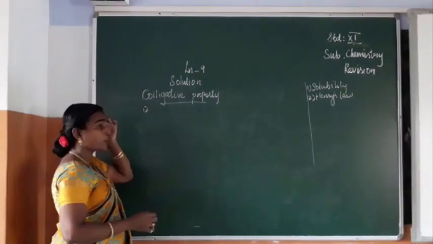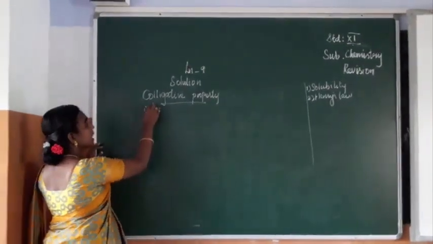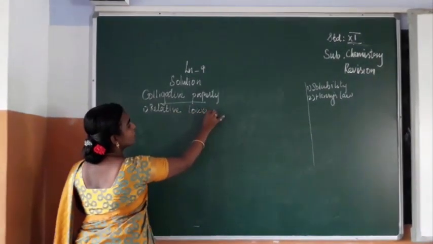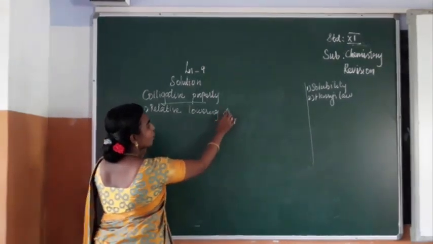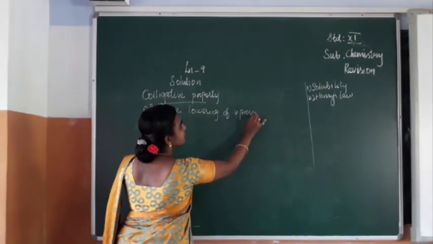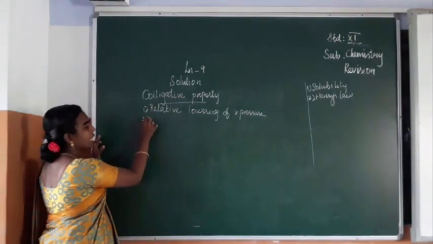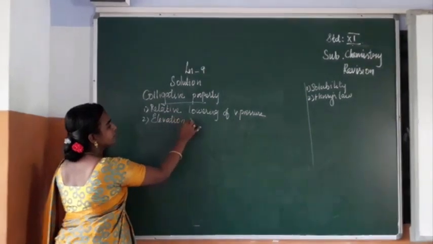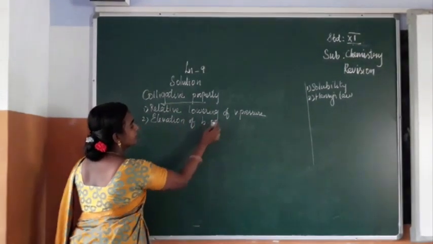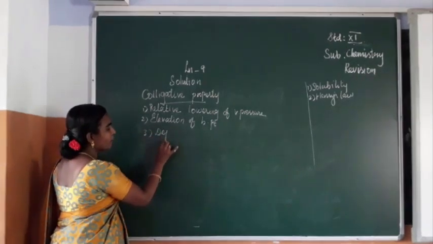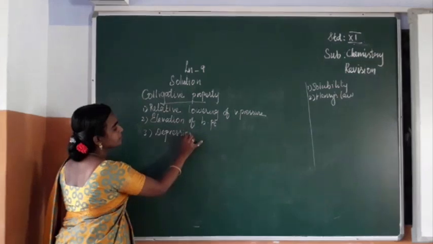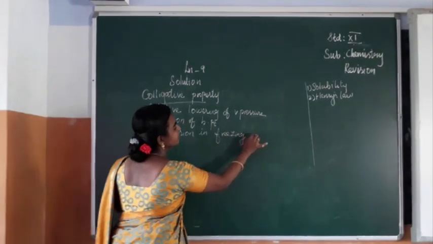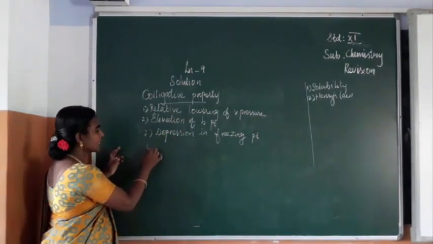Here 4 colligative properties are explained. So the first one is relative lowering of vapor pressure. So these 4 properties we are going to explain: relative lowering of vapor pressure, elevation of boiling point, next is depression in freezing point, and the last one is osmotic pressure.